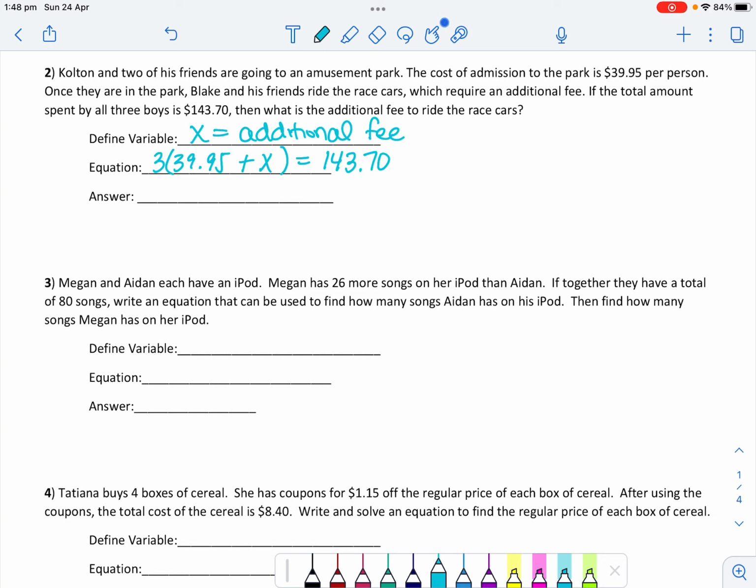And then if all 3 boys are going to ride the race cars, we're going to have to do 3 times that. So 3 times 39.95, not 35, plus x is equal to 143.70. So I'm going to distribute here.